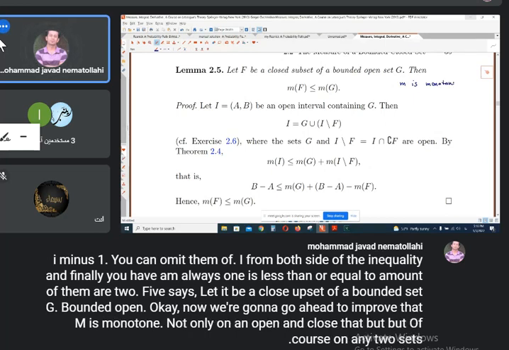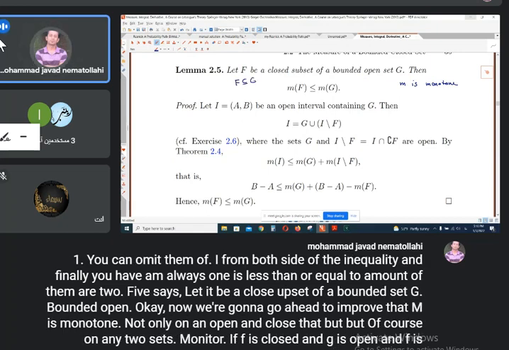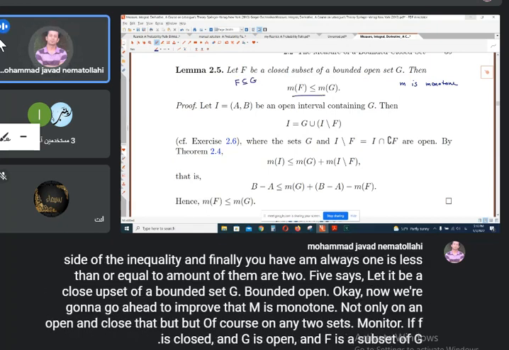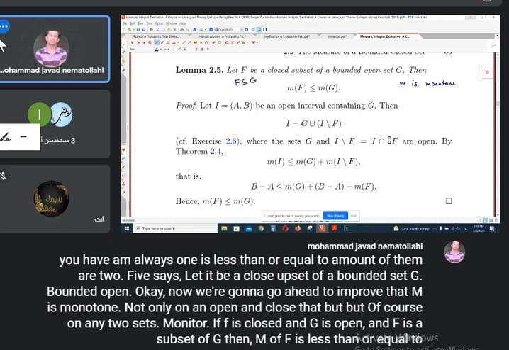Monotone. If F is closed and G is open and F is a subset of G, then m of F is less than or equal to m of G.